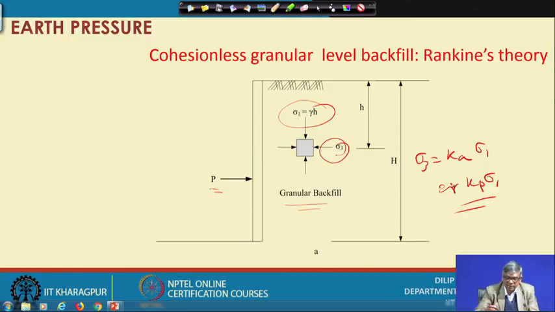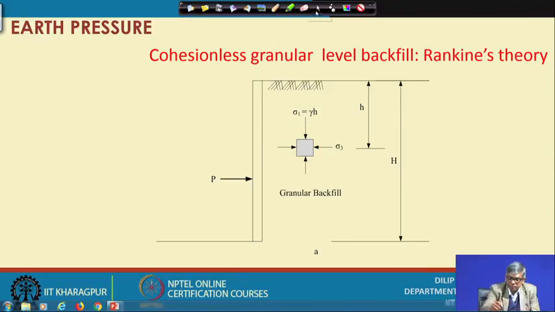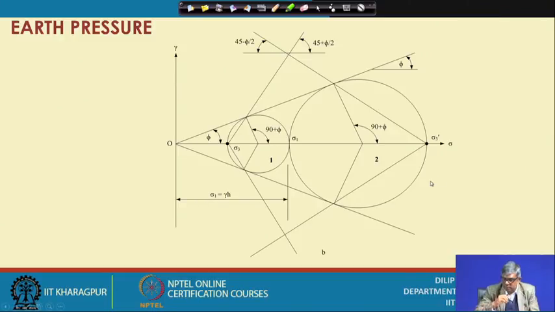So, we will go to the next slide. You can see this. Initially sigma 1 was here, and then sigma 3 became here, and this becomes the Mohr circle, and this becomes the failure plane, and this is 45 degrees plus phi by 2.